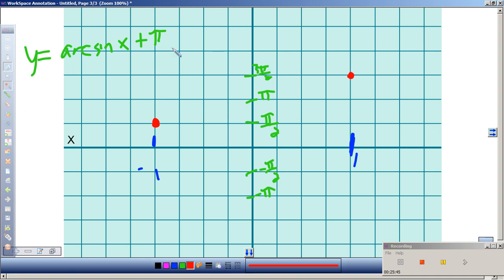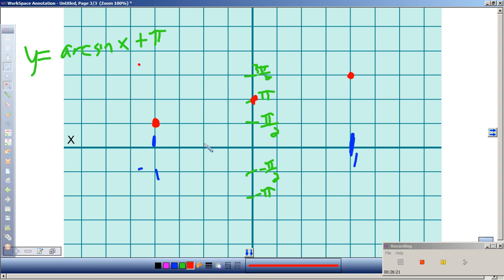I'm not sure I'm following. Oh, so this pi adds to that. Okay. Remember, we're moving up pi from whatever value we get. So if we plug in 0, what's the arc sine of 0? 0 plus pi. Pi.